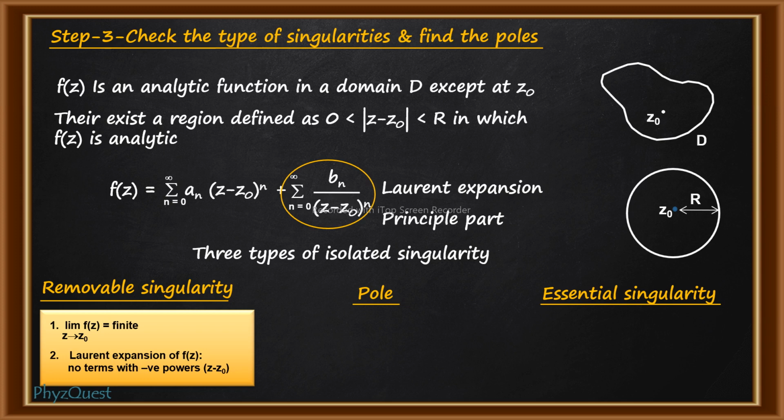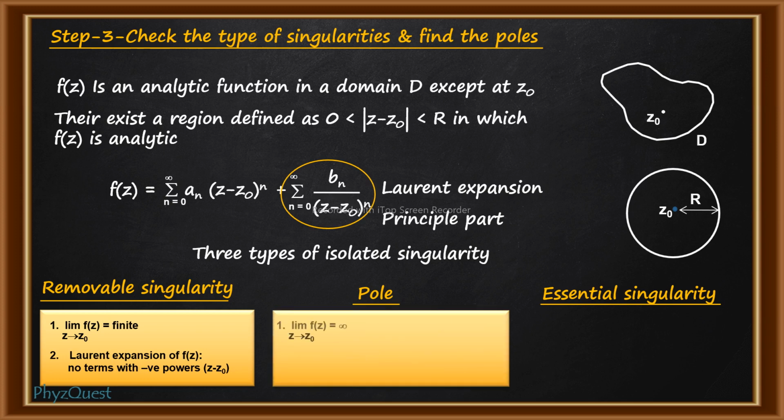So next consider poles. Now a pole is something, as I said, which makes the denominator 0, which means the function goes to infinity. So in terms of limit, we can say that the limit of the function as z tends to z0 is equal to infinity. In that case, the singular point will be considered a pole.